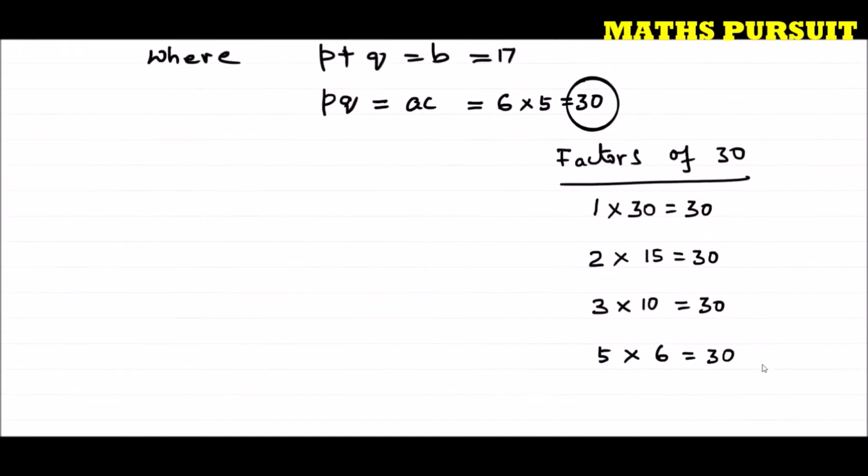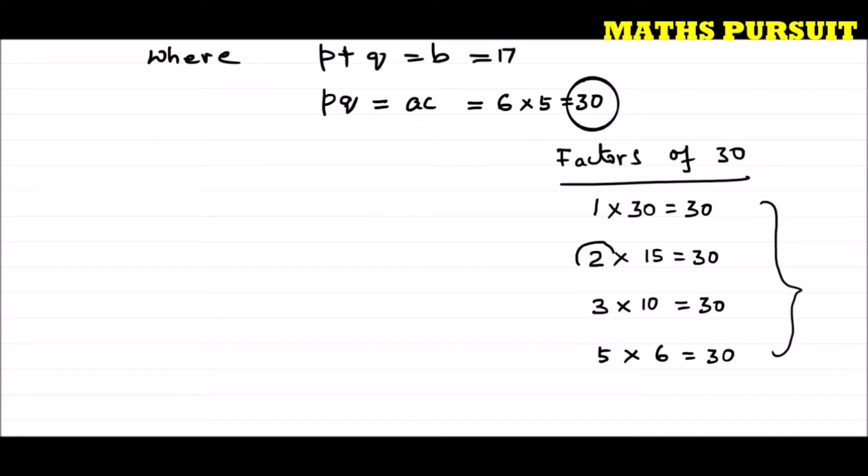So these are the factors: 1 into 30, 2 into 15, 3 into 10, and 5 into 6. Now we need to find which pair from this list gives us the sum of 17. If I add 1 and 30, we get 31. We are not getting 17.